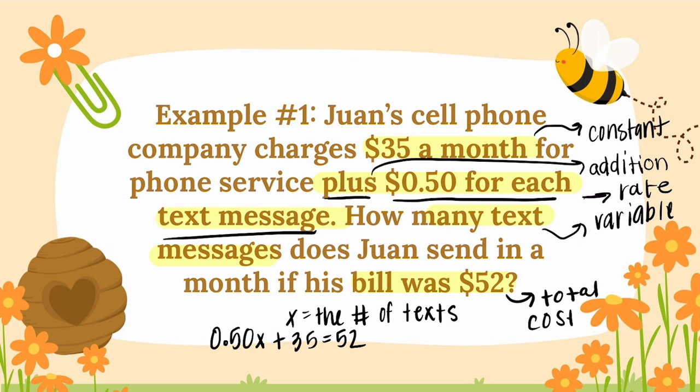And so this is the equation. If it's just asking for the equation, we can put that. And then we can solve from here. So we're going to start by subtracting 35 on both sides. And we'll have 0.50X is equal to 52 minus 35. And so 52 minus 35 is going to be 17.